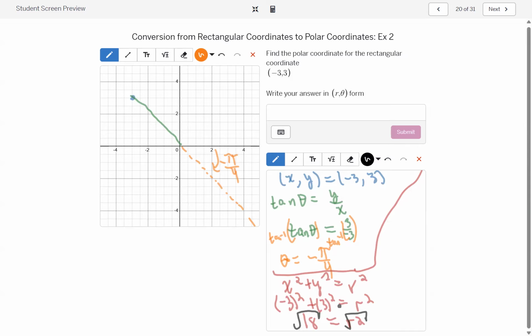Now we square root both sides. So to get our initial point, we're going to go with the negative radius. And then 18 is 9 times 2, so it'll be negative 3 times the square root of 2.